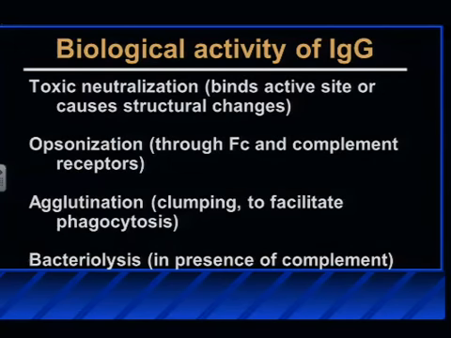Opsonization, think of it like the ketchup of the immune system, where the item to be recognized is now more recognizable because it is covered by things like IgG, which in turn can activate things like phagocytic cells. It can agglutinate, it can clump up things, and once things are clumped up, they're more visible to the phagocytic system, and it can activate the classical complement pathway.